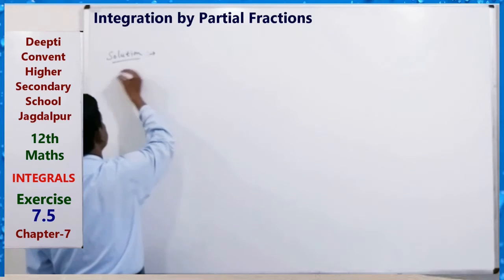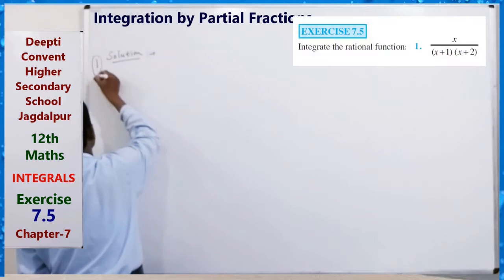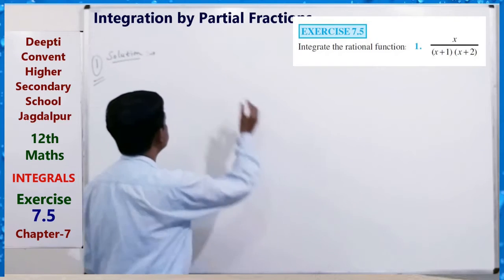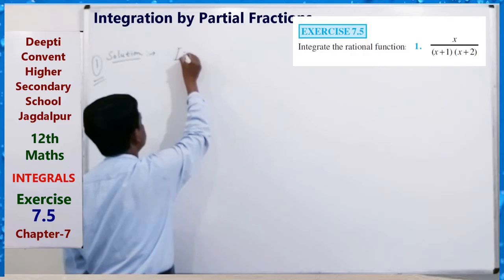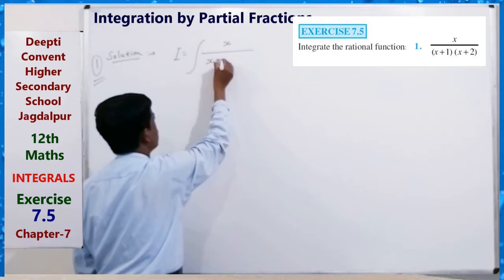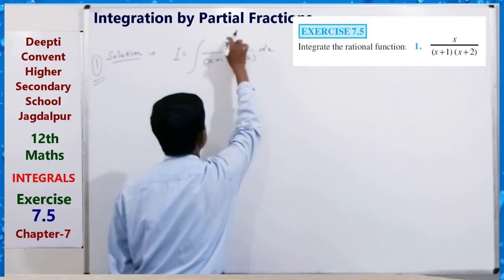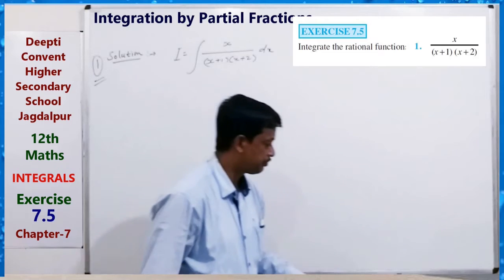First question first. Okay, so here the integral will be what? x upon (x plus 1)(x plus 2). This is the integral given, integrate it.